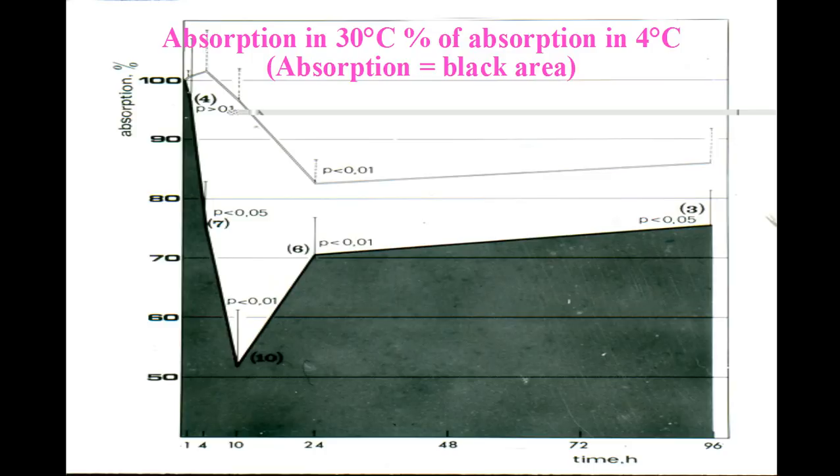On the abscissa, the time spent in the assigned environment before the test. The difference between environments is already significant after 4 hours and becomes maximal after 10 hours. Then the difference decreases, for a recovery of absorption.